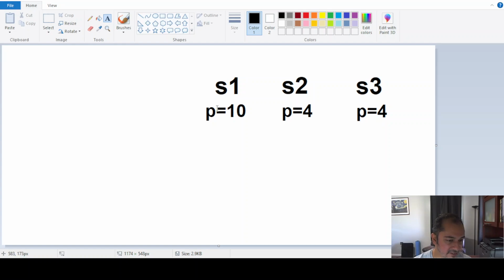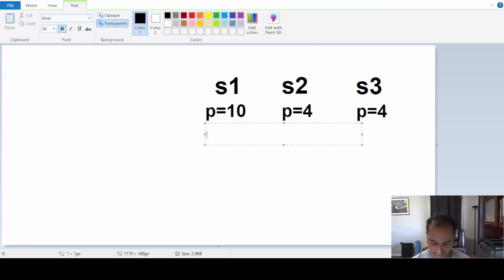Now to assign electoral votes, remember, like I said, electoral votes are assigned by the population of that state. So S1 will get the higher electoral votes, which is, let's say, 3.